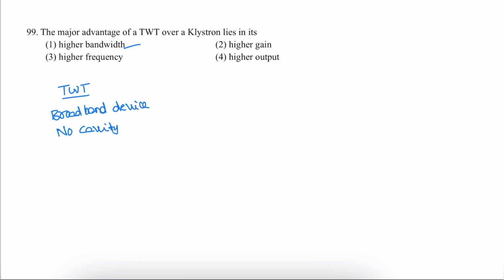Traveling wave tubes make use of distributed interaction between the electron beam and RF field over the full length of the tube, whereas klystrons use cavity resonators to velocity modulate the electron beam over a narrow gap. So the traveling wave tube is a broadband device, so higher bandwidth.